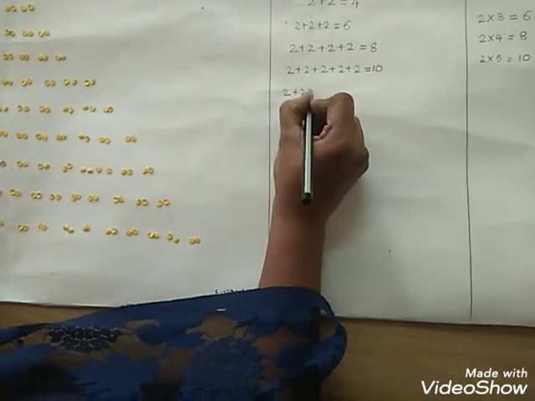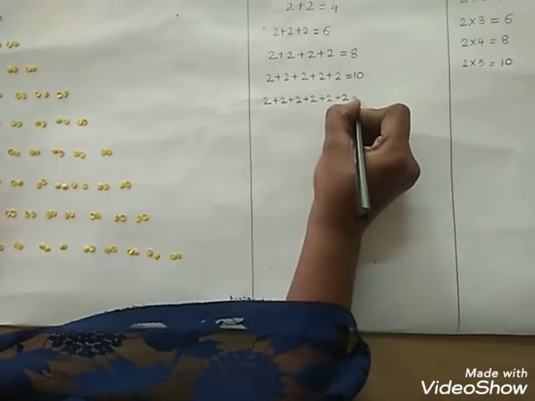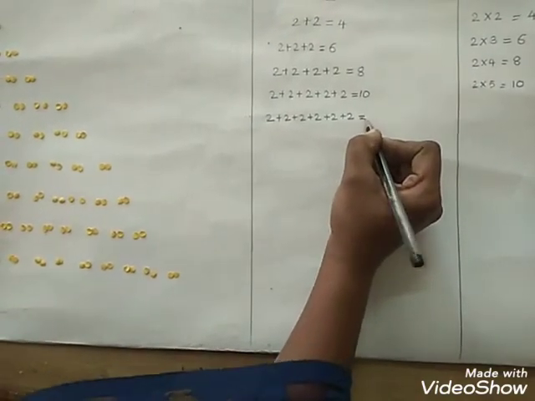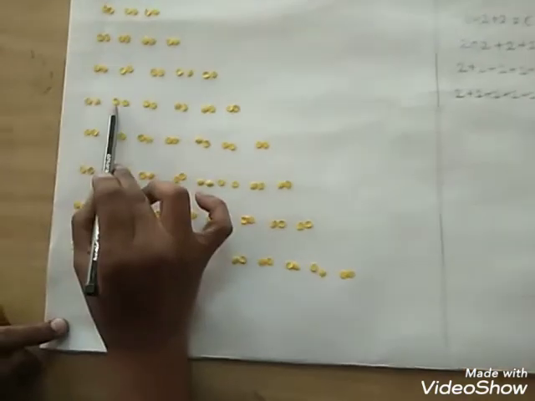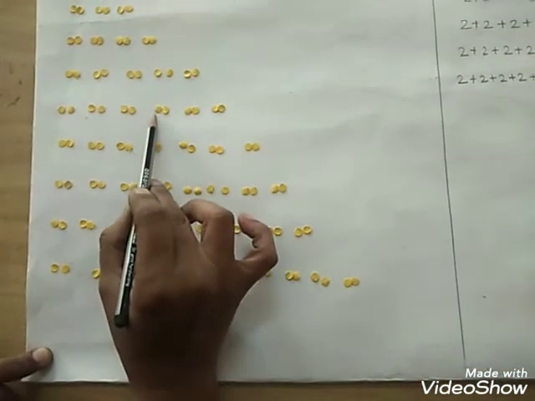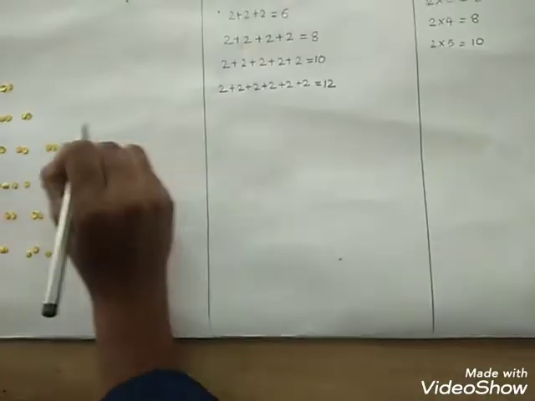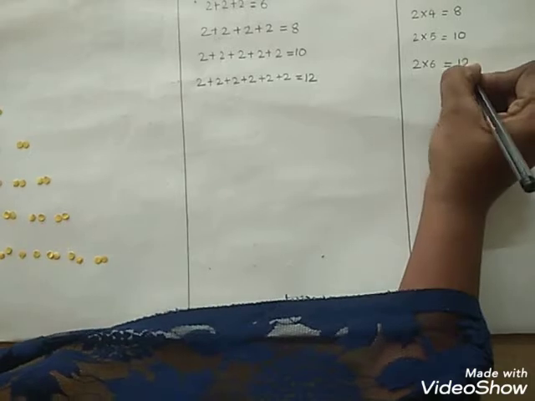Let's count and check. What is the total? 1, 2, 3, 4, 5, 6, 7, 8, 9, 10, 11, 12. 12 is the answer. Means 6 groups of 2 is equal to 12.